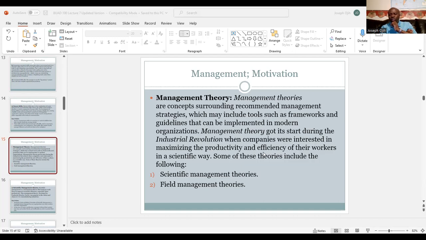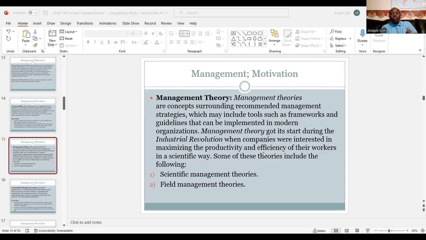a modern organization. Usually these management theories became very popular during the time of the Industrial Revolution. During that time, companies and organizations had a significant interest in maximizing the productivity and efficiency of their workers.